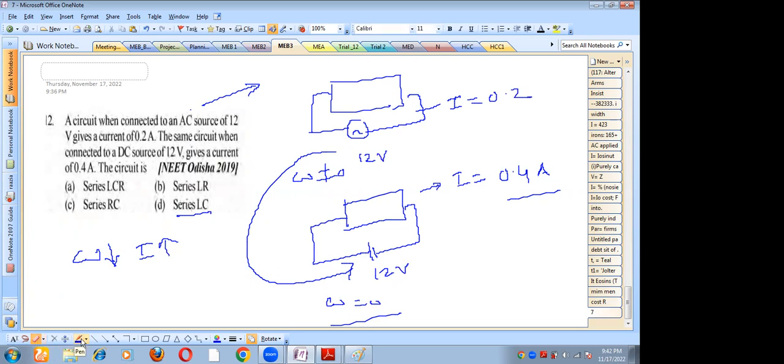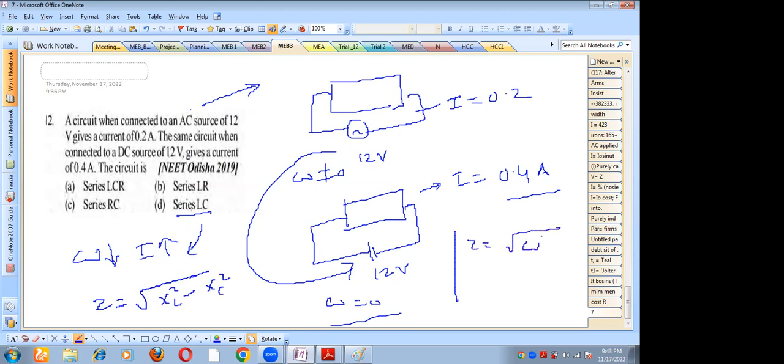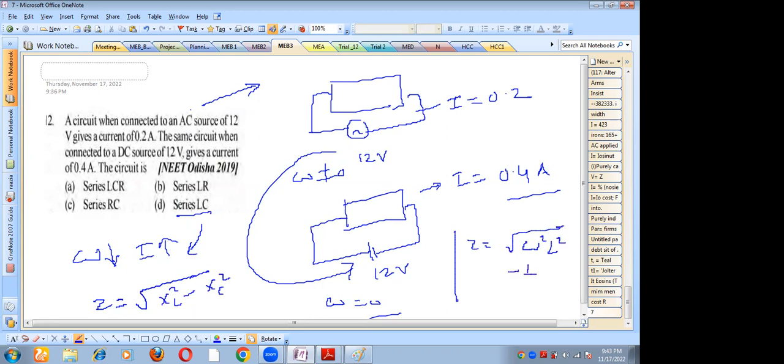For a series LC circuit, Z equals the square root of XL square minus XC square. Means Z will be equal to the square root of omega square L square minus 1 by omega square C square.